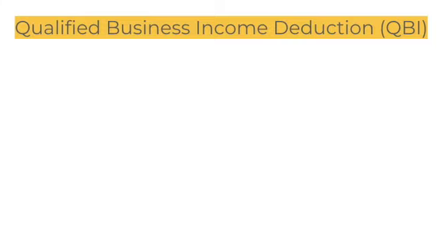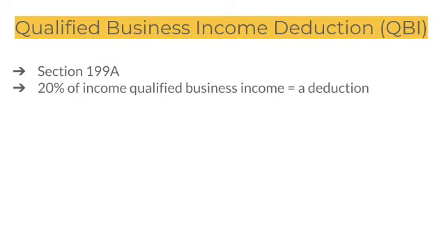Now, lastly, the book has one small paragraph about the qualified business income deduction, also called QBI. This is the big Trump tax cut deduction. It's from Section 199A. It is a deduction based on income, which is not like any other expense deduction we have in taxes.